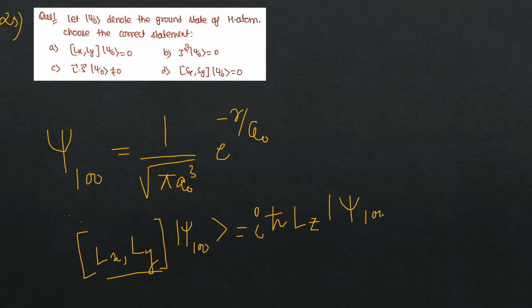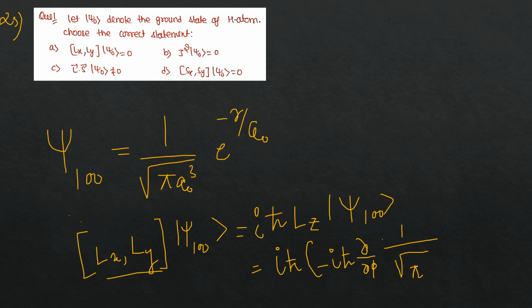Now Lz, I can write what? Lz is minus i h cut del by del phi. So minus i h cut del by del phi of psi 100. Just put the value of psi 100, this is 1 by root pi a naught cube e to the power minus r by a naught.